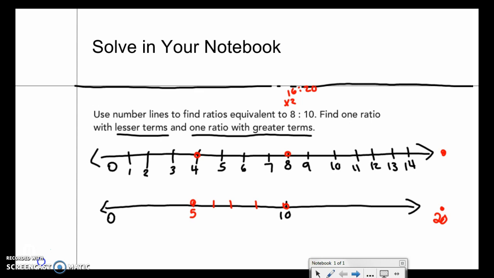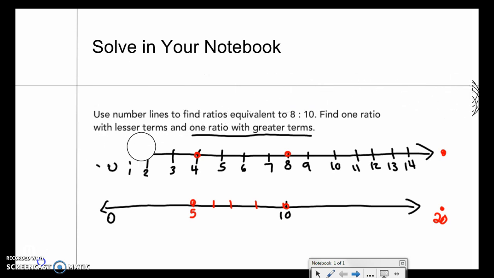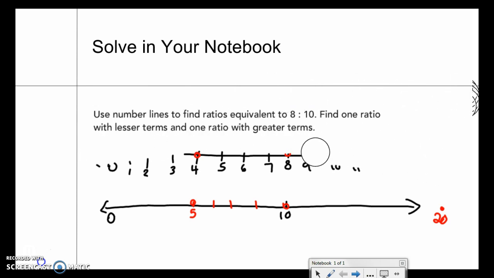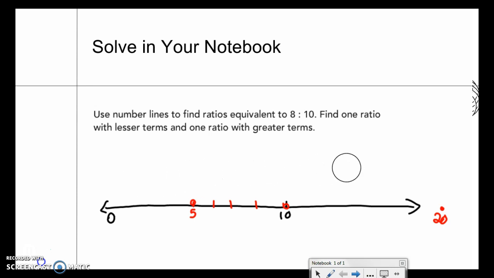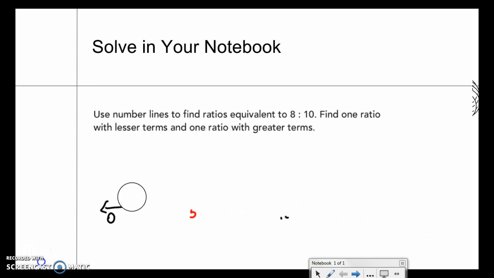And you'll just fill in the numbers in between where those ratios are going to be. Let's move on to the next part.